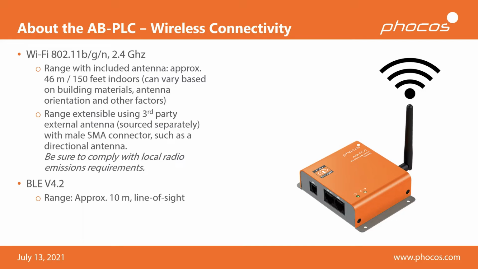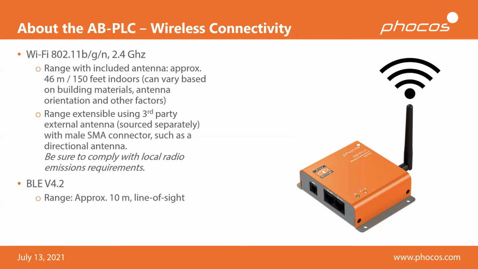Indoors, we already include walls and things like that, but of course this can vary. If you have concrete walls with maybe some steel shielding inside, then that will be drastically decreased. At the other extreme, if you have a line of sight, then you will probably have more range than this. And again, if you're running out of range, then of course you can use a different antenna as well. You have that flexibility.